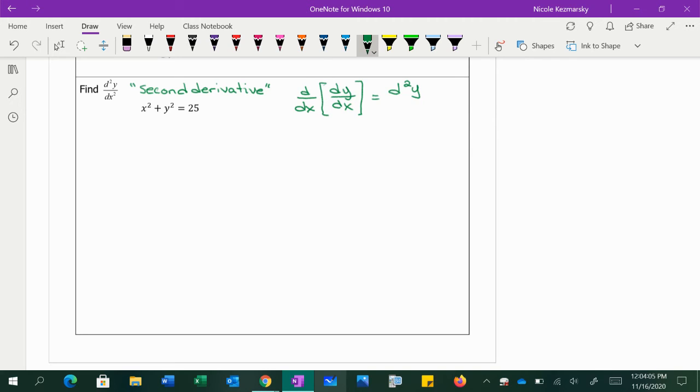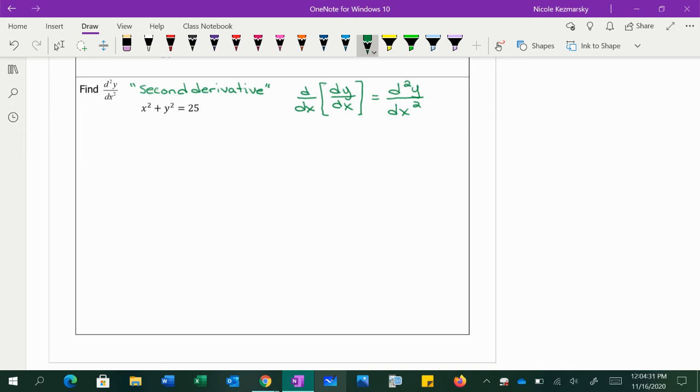So this is d2y. And then in the bottom, we have dx and dx, which with really bad notation is dx squared. Okay, it should be that the dx is in parentheses to mean both the d and the x are squared, but somebody decided to take the parentheses away. So that's the notation that we use.